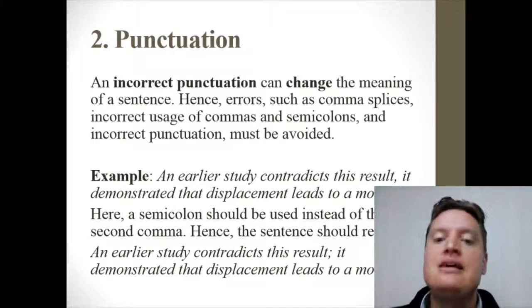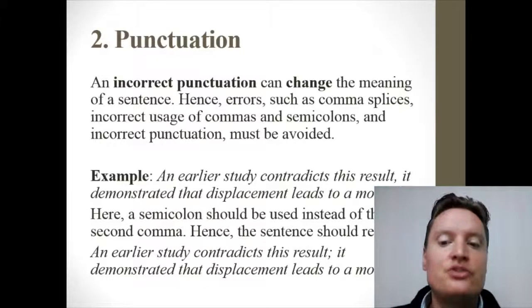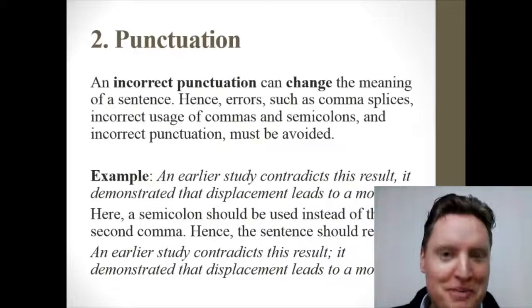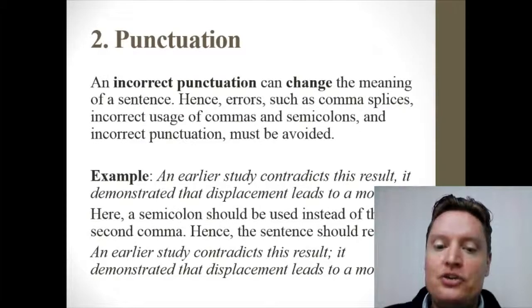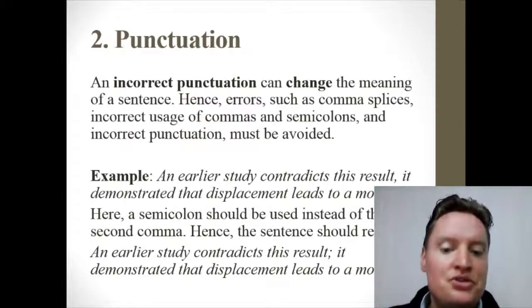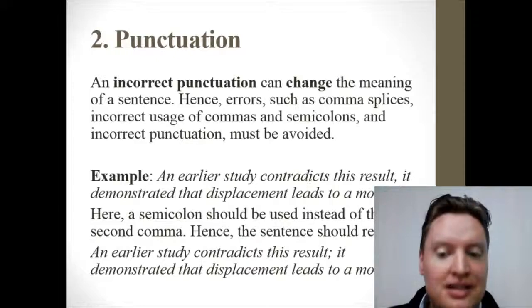An example: an earlier study contradicts this result, it demonstrated that displacement leads to a motion. Here a semicolon should be used instead of a second comma. Hence, the sentence should read, an earlier study contradicts this result; it demonstrated that displacement leads to a motion.